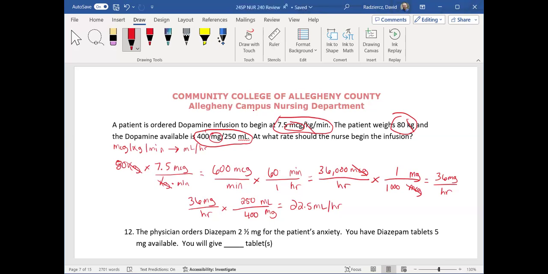In my opinion, this question is worse than the heparin protocol question because there's so much extra work to do. You have to convert minutes to hours. You have to convert micrograms to milligrams, and then you have to convert milligrams to milliliters. There's a lot of stuff you have to do for this question, but hopefully now you can see how that's done. I chunked it out.